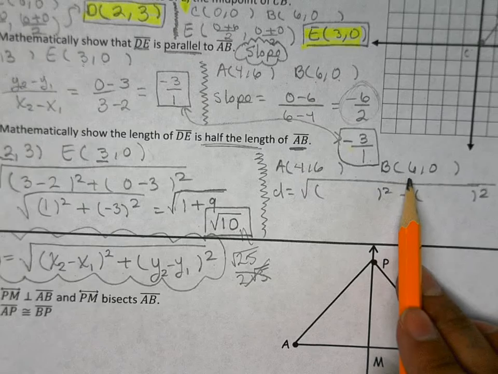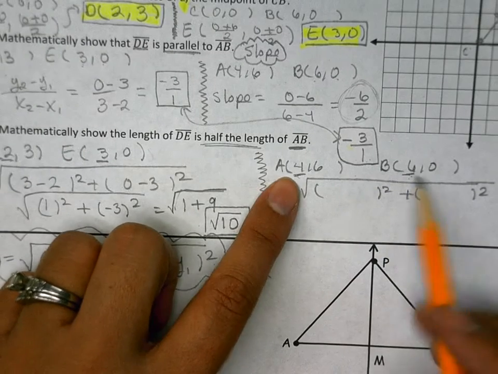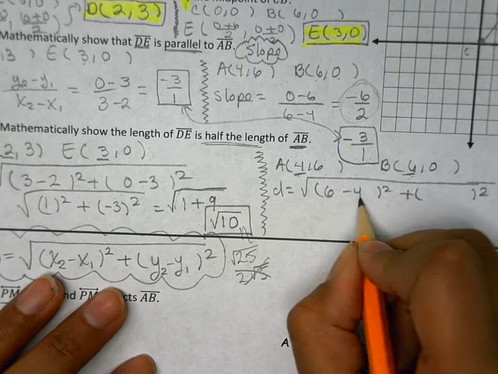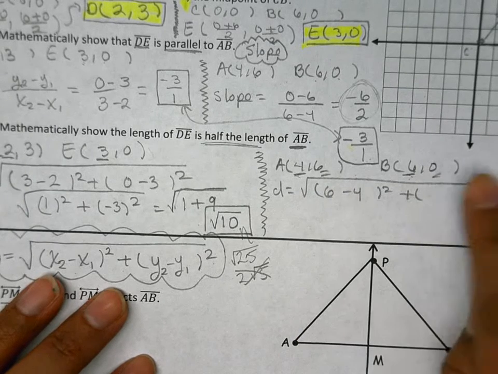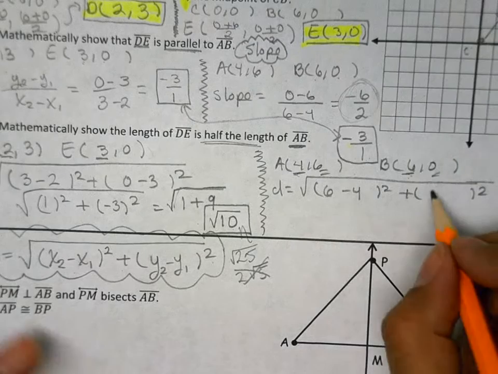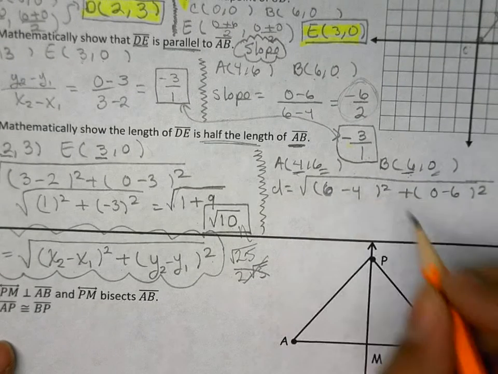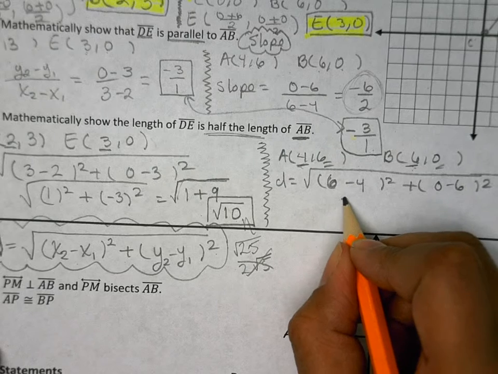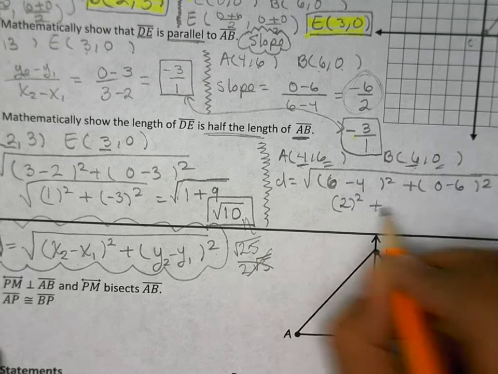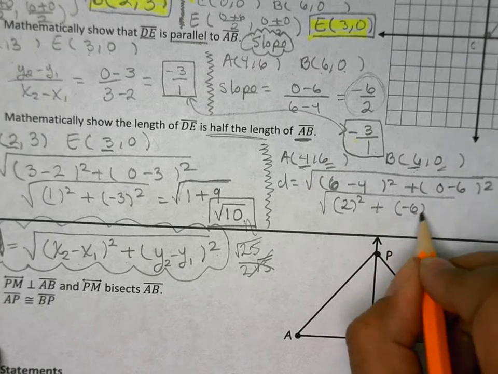X2 minus X1, what do I subtract? 6 minus 4, good job. And then Y2 minus Y1 is 0 minus 6. And what is 6 minus 4? 2 squared, plus 0 minus 6 is negative 6 squared.